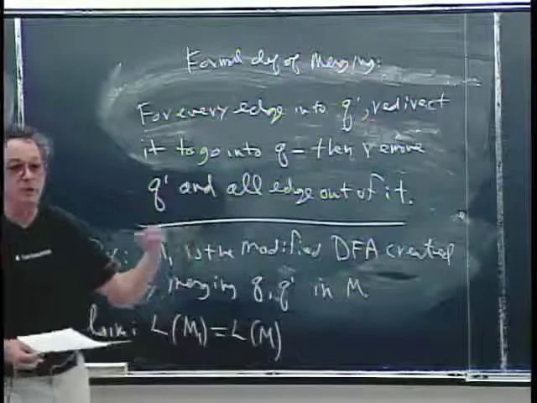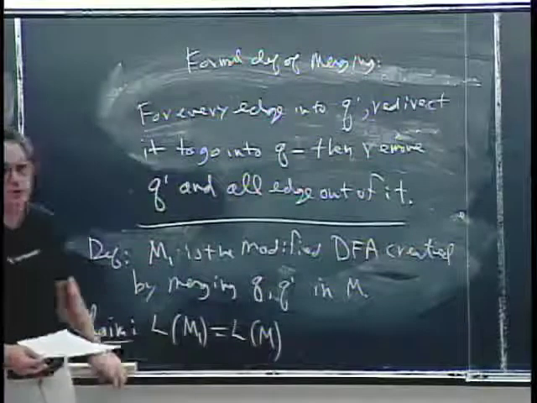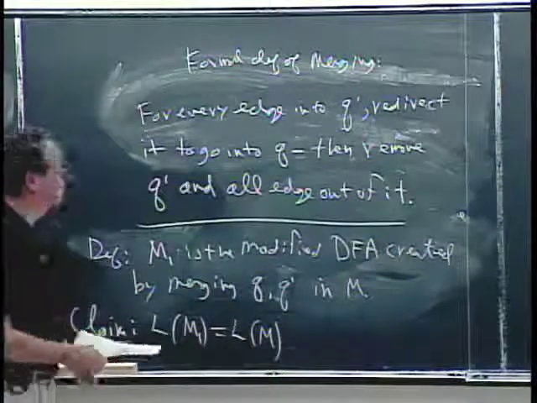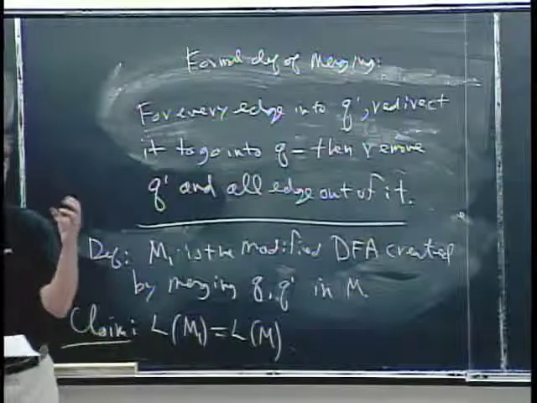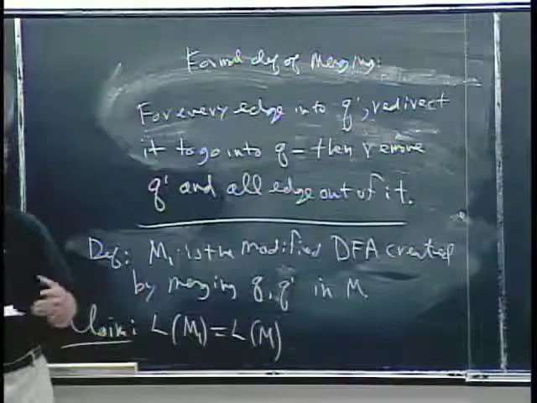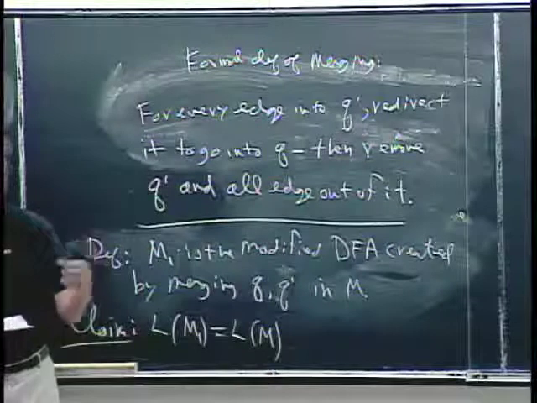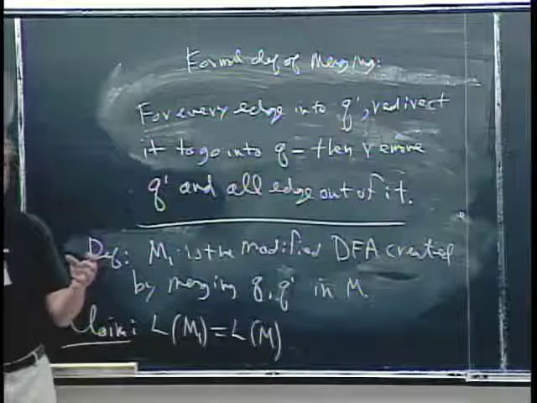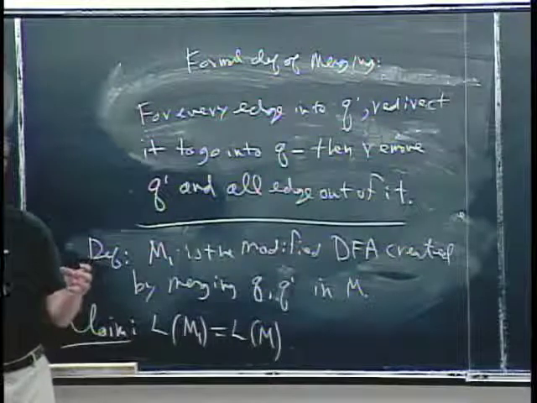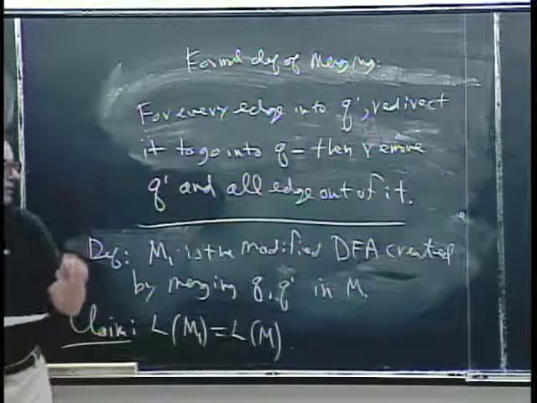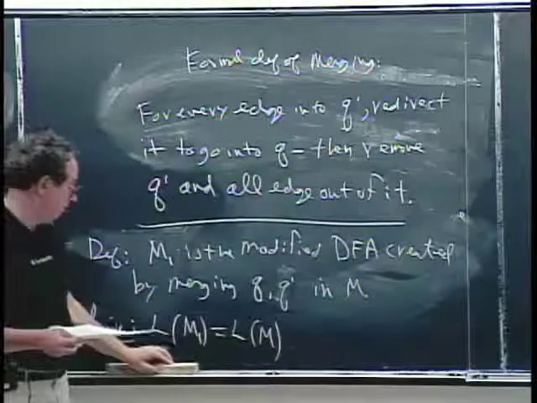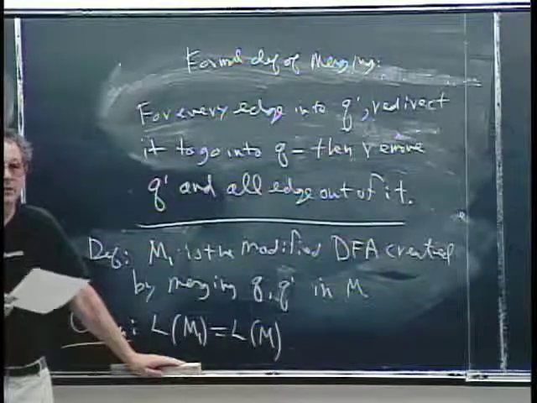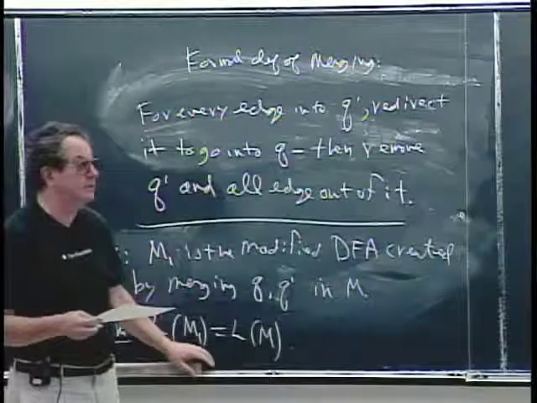So we can keep doing these mergings as long as mergings are possible. We start out with a finite number of states, and when we merge, we obviously go to one fewer state, so we can't merge forever. So this successive merging is going to end at some point. But whenever you see two states that are indistinguishable, you can merge them and ultimately get down to a DFA where no pair of states are indistinguishable. Every pair of states is distinguishable.